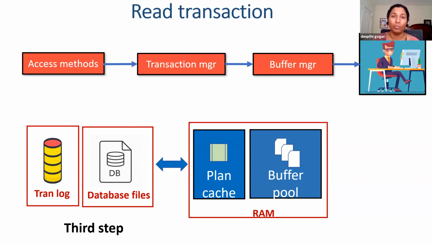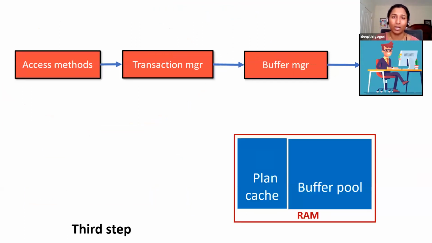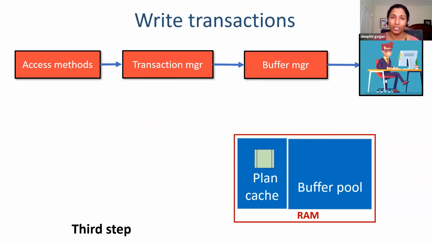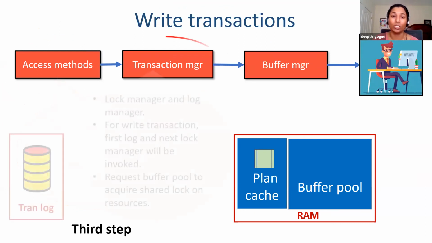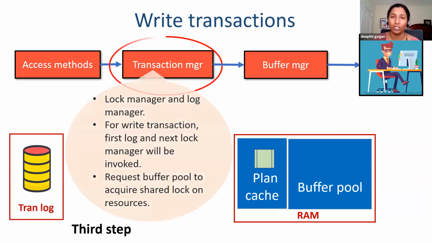Very simple. But let's go ahead and talk about the write transactions. Access methods by itself don't perform any action, but all they do is analyze how to grab the results from the disk subsystem. Once the query has reached the transaction manager component, as this is a write transaction, before modifying any data pages inside the buffer pool, the transaction manager has to first write those changes inside the transaction log.